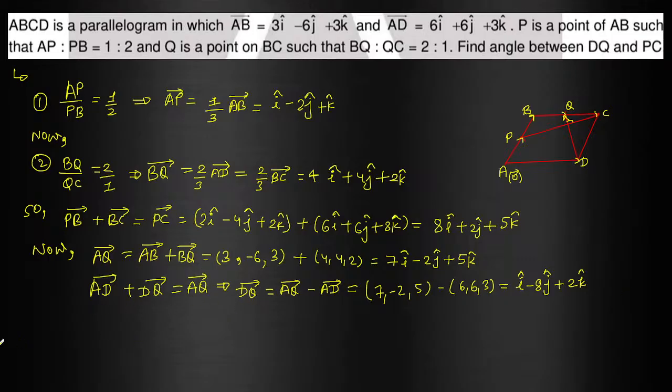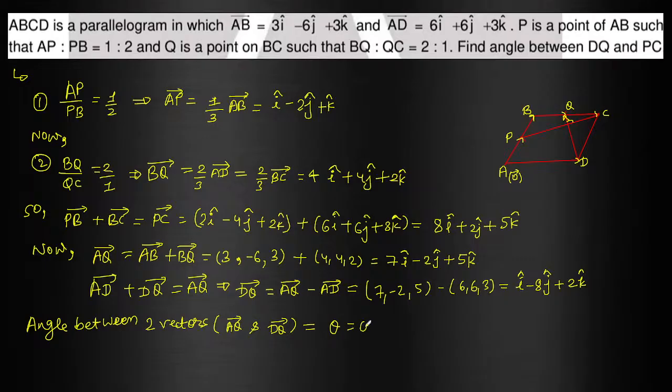So DQ vector is found, now the angle between two vectors. We have AQ vector and DQ vector.